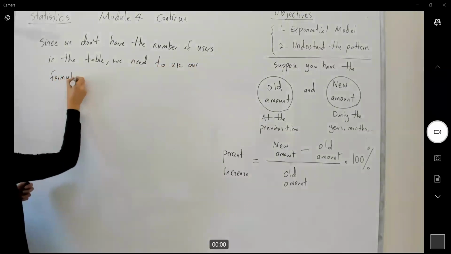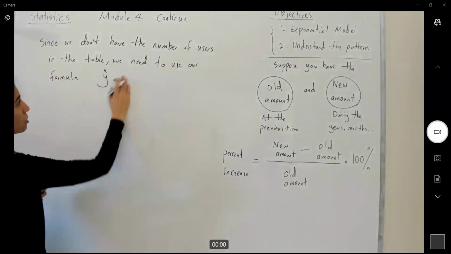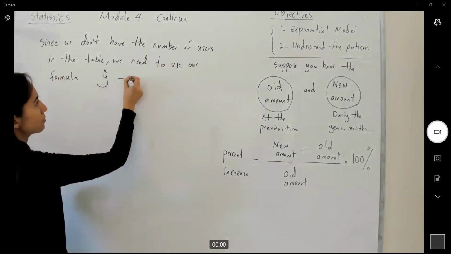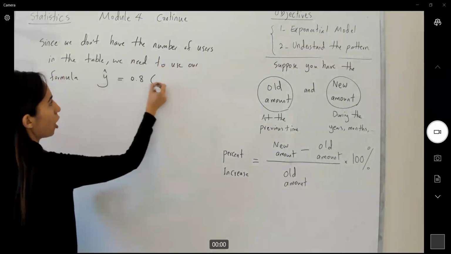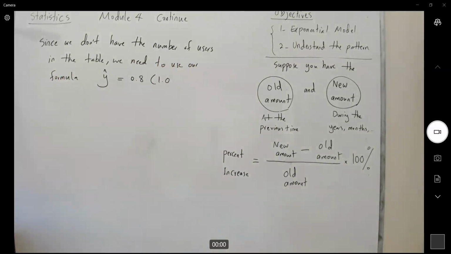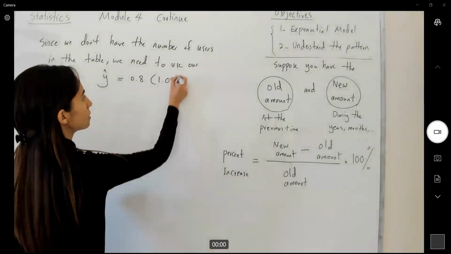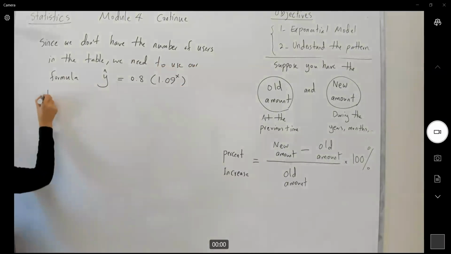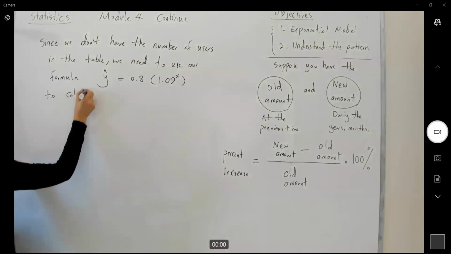What formula? Y hat equals 0.8 times 1.09 to the x, to calculate what?